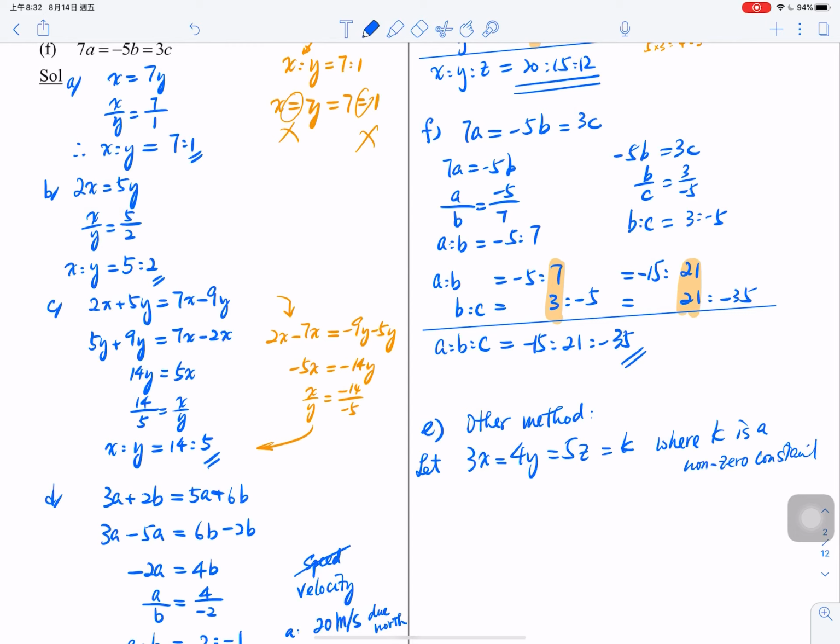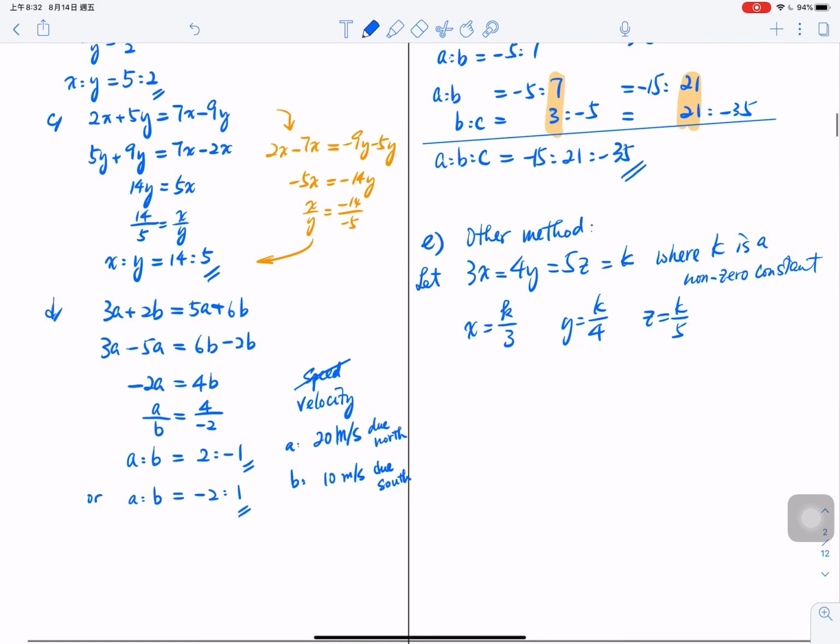Okay, then x equals k over 3, y equals k over 4, z equals k over 5, right? Like this. So x to y to z, you can write as k over 3 to k over 4 to k over 5.